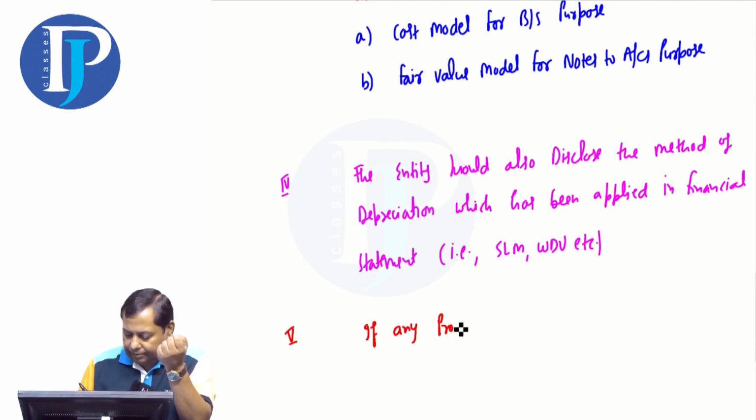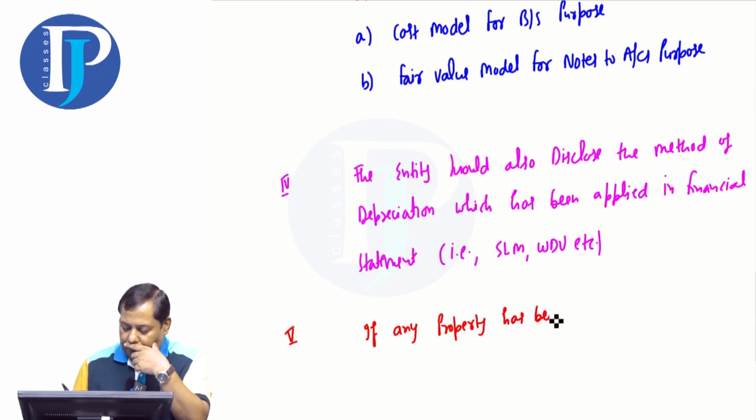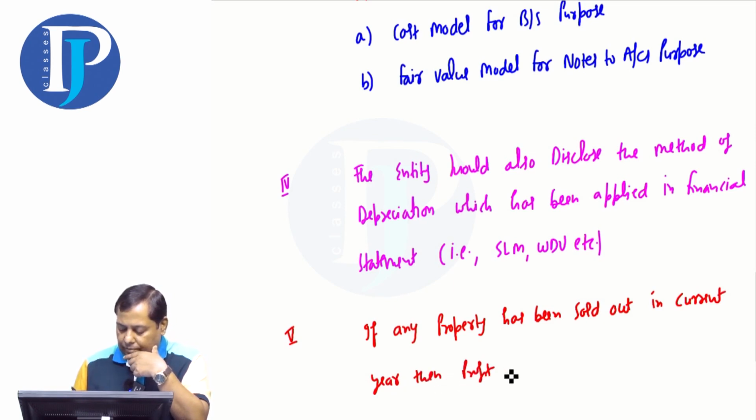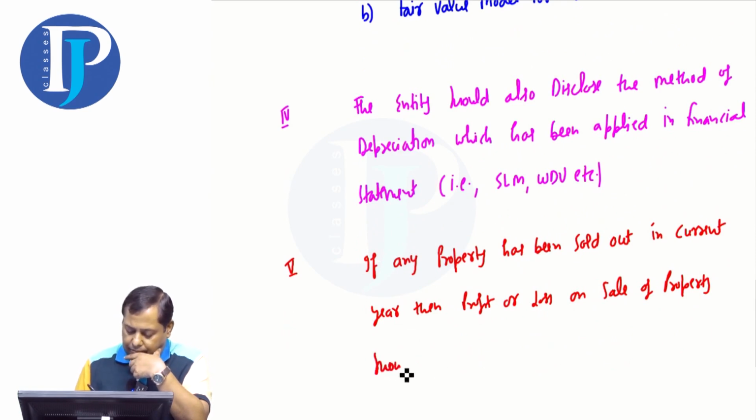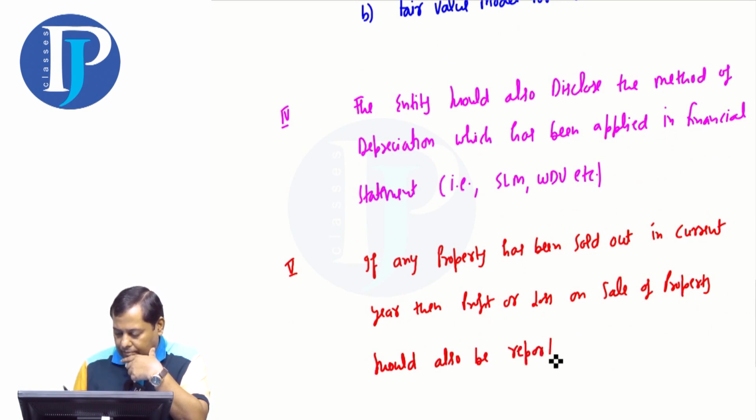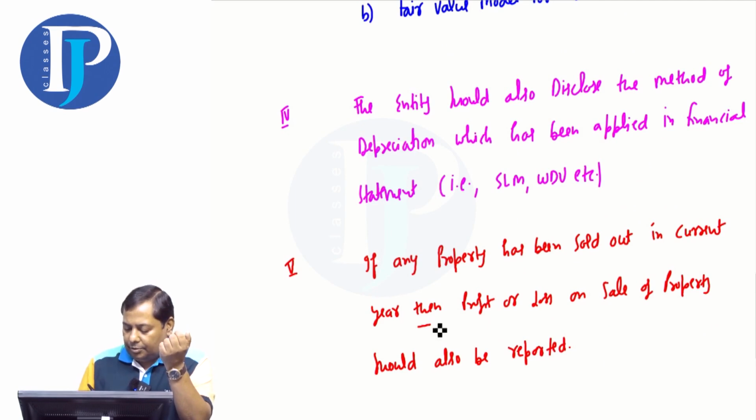If any property has been sold in the current year, then the profit or loss on sale of the property should also be reported.